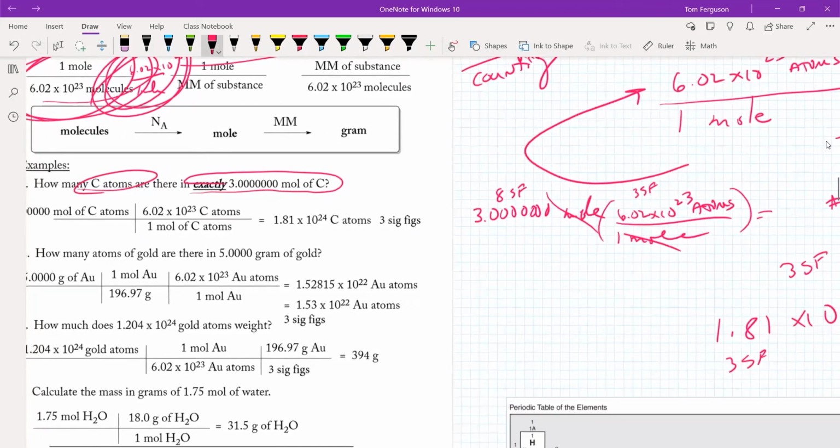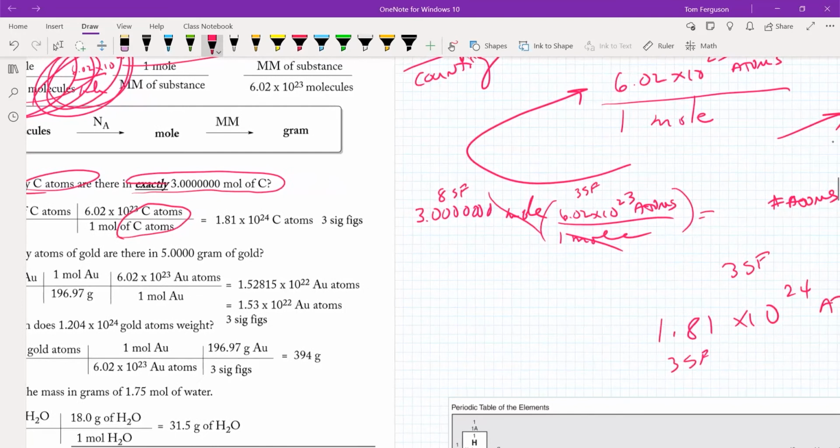Now notice the way this is, I did not set this problem up. This was done by another colleague. They added this in, which I think is a nice touch. I think it adds clarity.